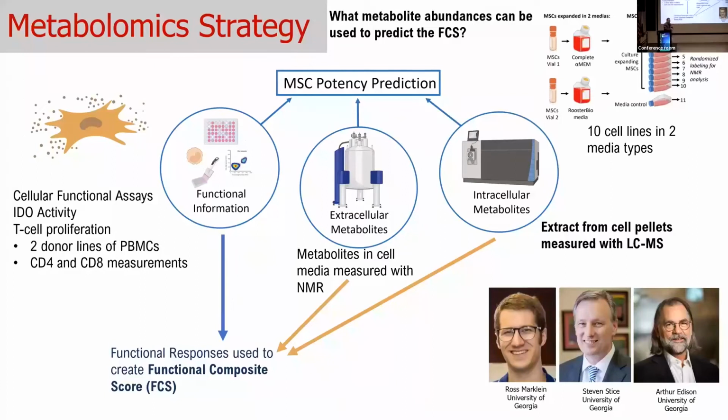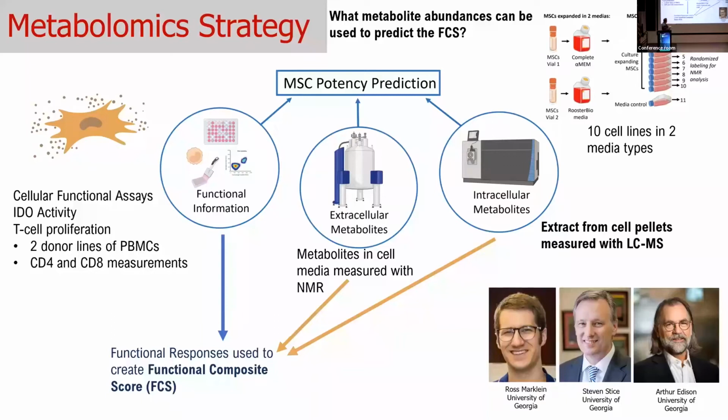We are the part of the team that looks at the intracellular metabolites and lipids by mass spectrometry, but we also work with Art Edison at UGA. He looks at the extracellular metabolites using NMR. And then we work with 2 stem cell specialists at UGA, and they are the ones that basically get us the ground truth information, the potency information, using the assays that are currently accepted as being the gold standard.